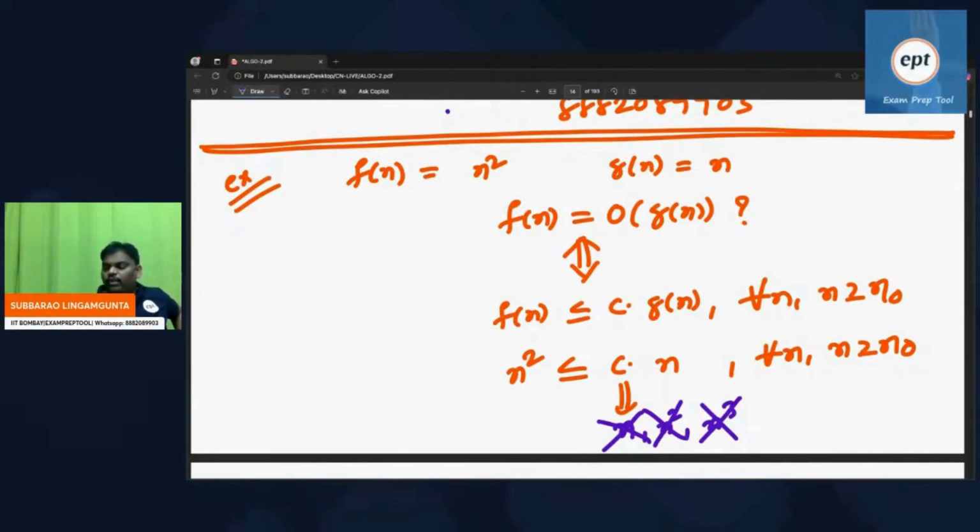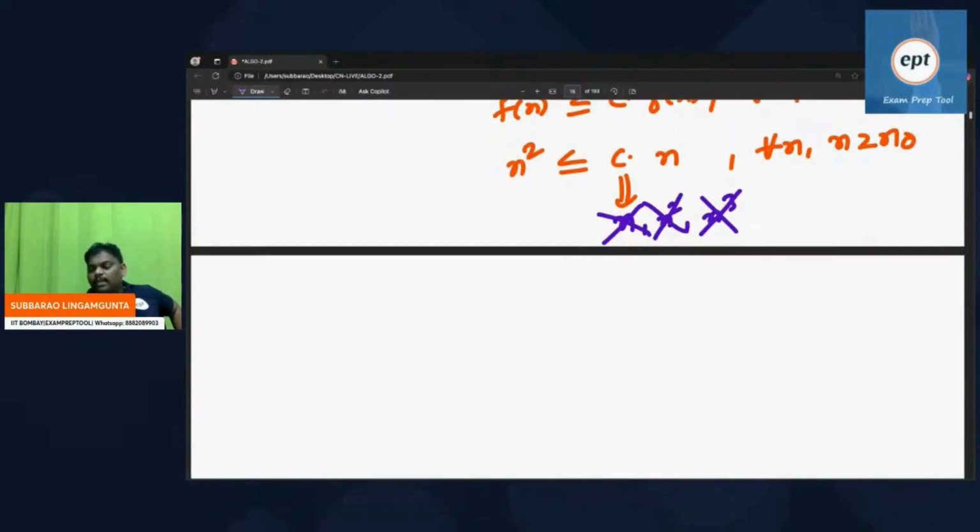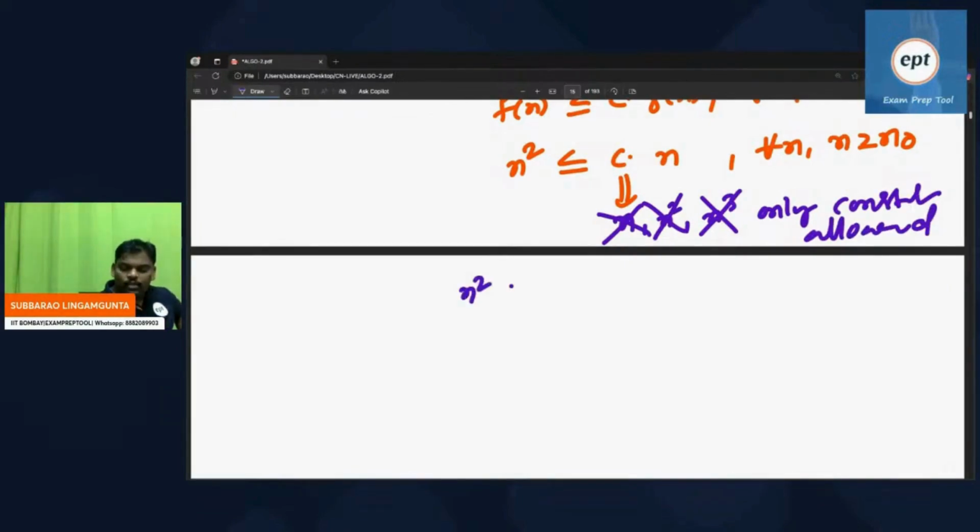You take whatever you want in the c place, you cannot prove the right side bigger, because the limitation is you can take only a constant. Only constants are allowed. So n square is big O of n is not possible.